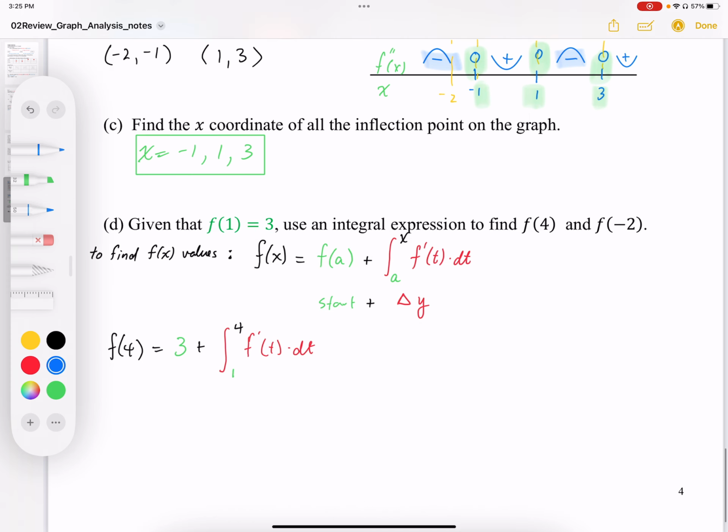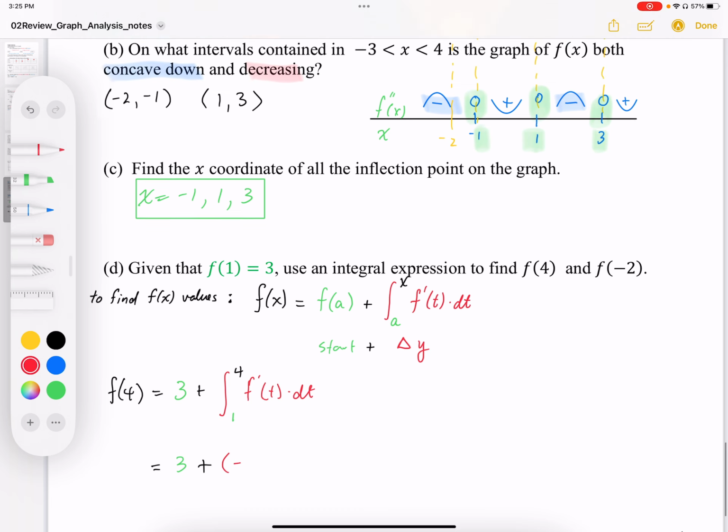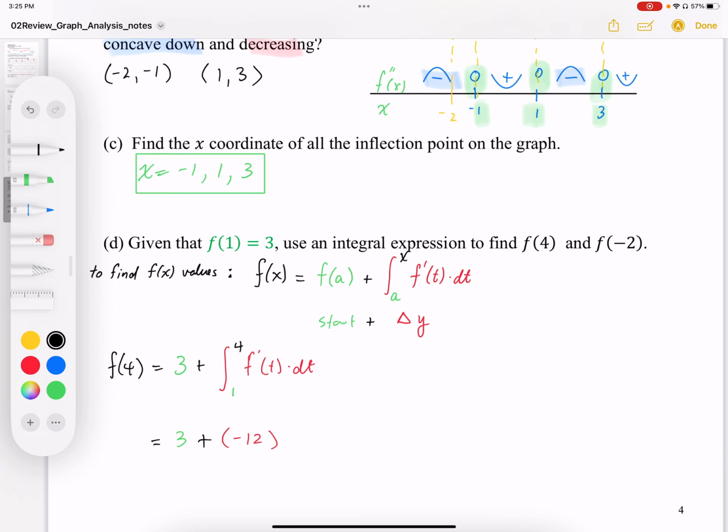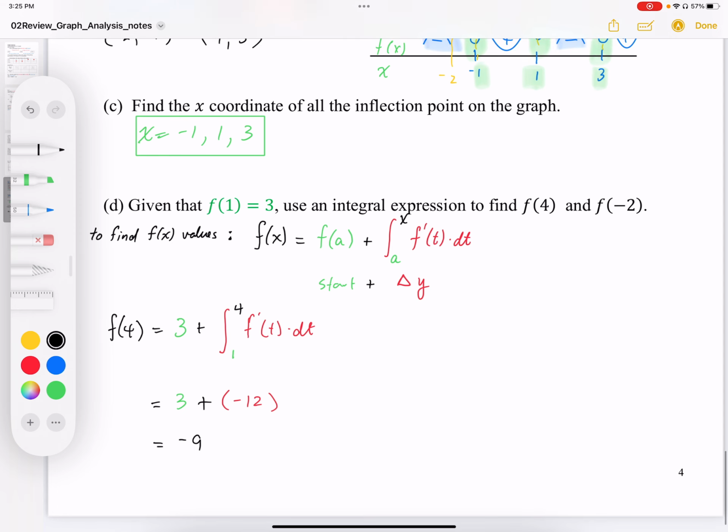So it looks like this. My f of 4 is equal to 3 plus the area under that curve, a displacement of -12. Okay, so then the coordinate at x equals 4 is going to be -9. So f of 4 is equal to -9.